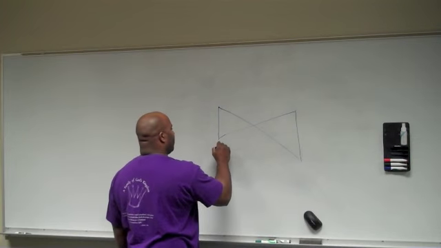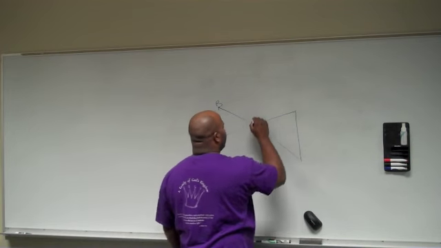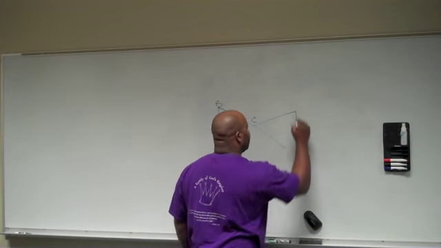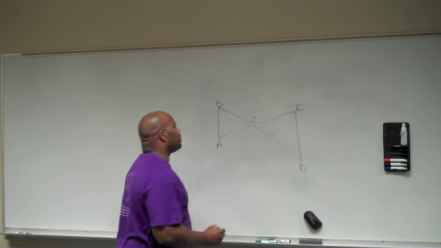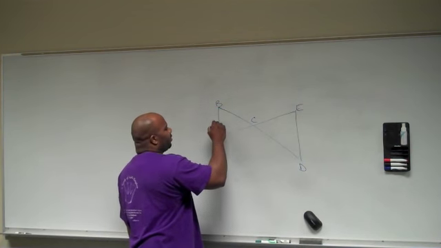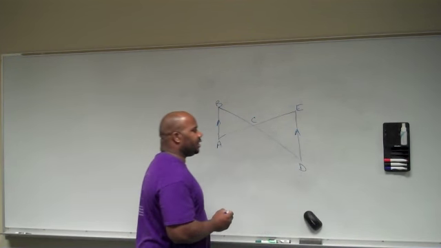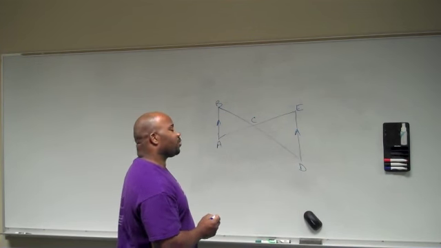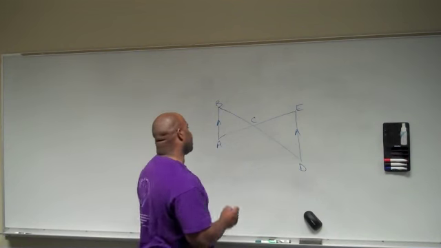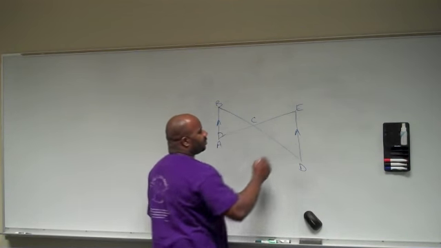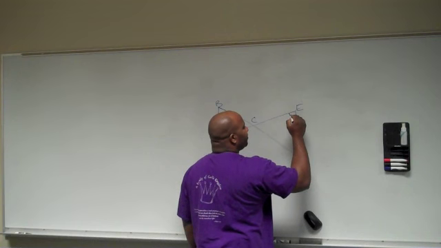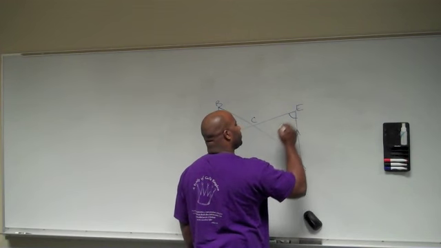Okay, call this A, B, C, D, E. Okay, and let's say segment AB is parallel to DE. Thus, we know from alternating interior angles that angle A is congruent to angle E. Okay?